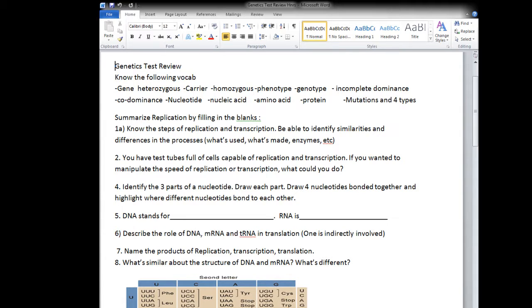I'm also going to set this up because I know some people were stuck with sex-linked trait stuff. So I figured I would transfer the sex-linked trait worksheet onto the review sheet, and then we could kind of go over it a little bit.